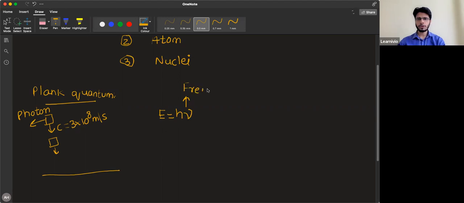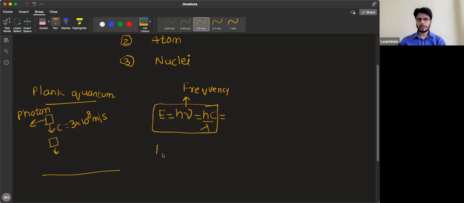So if you want, you can relate frequency and wavelength also. You can write frequency as c by lambda, so the energy is hc by lambda. There's one more thing. The unit of energy that we'll use here is the electron volt. We don't use joules here.